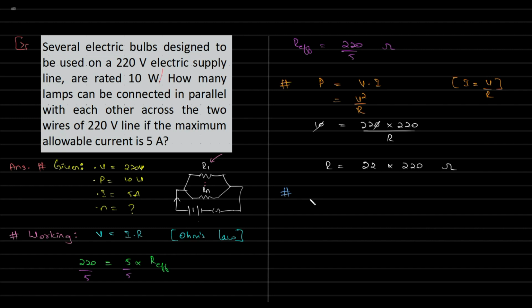Now, finding the number of resistances using the effective resistance. Since we have all of them in parallel, we have this formula: 1 by R effective is equal to 5 by 220, which is equal to N by 22 into 220, where N is the number of bulbs.